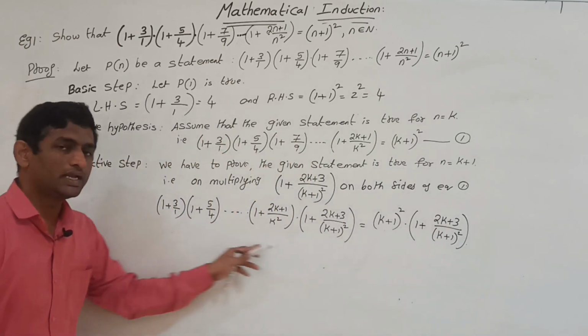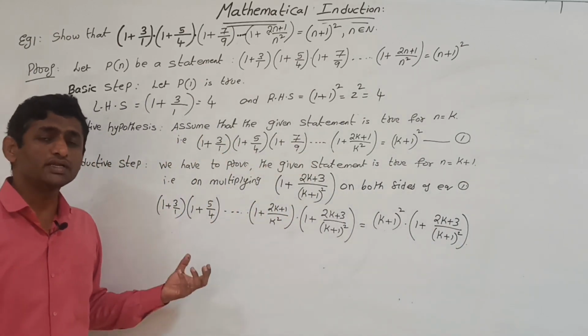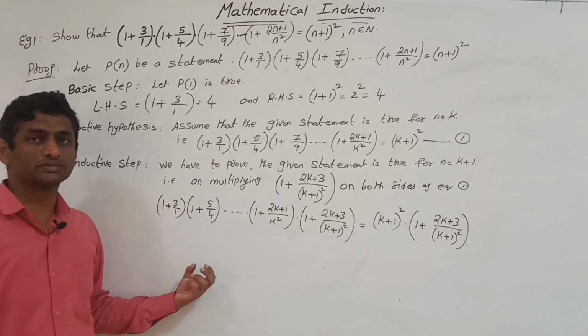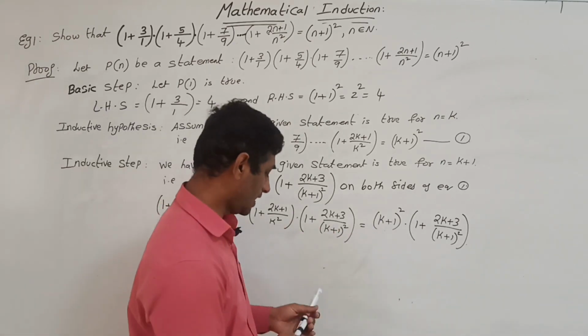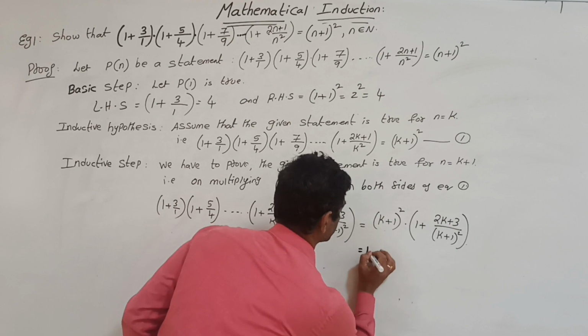Now this LHS gives the product of k plus 1 terms, and if you simplify the RHS, what happens?